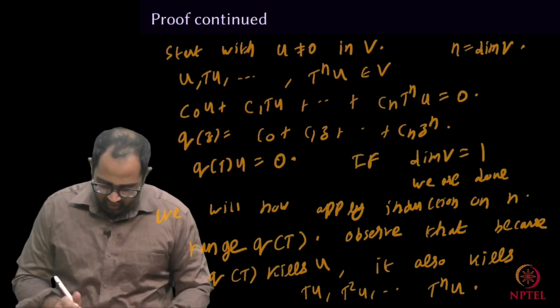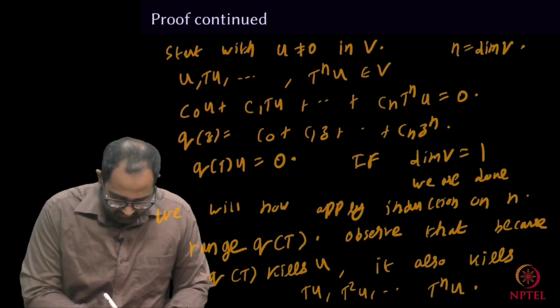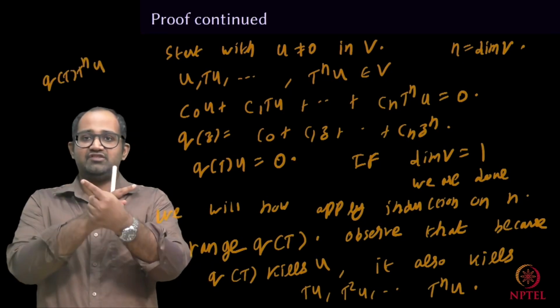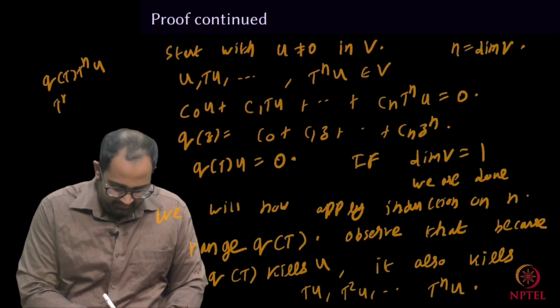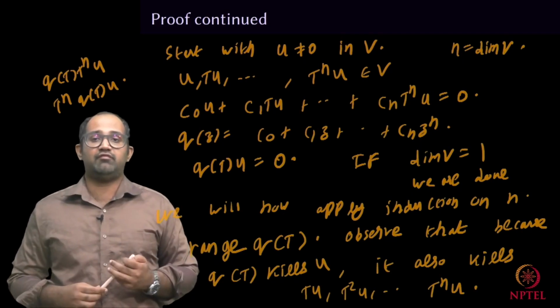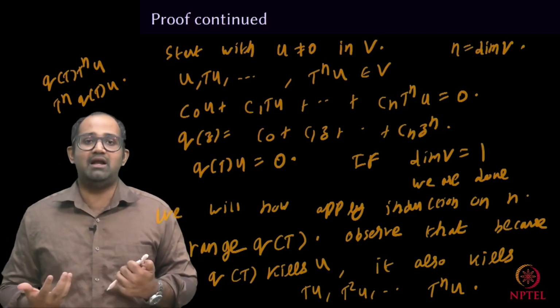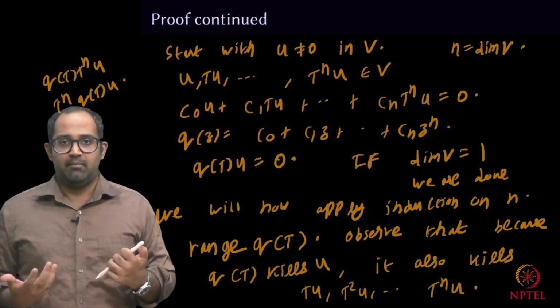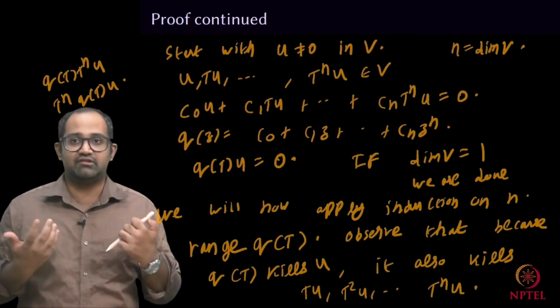It's simply because if you take q of t and do t power n u, you can switch it around. This is the same as t power n q of t u. This is simply because polynomial multiplication is commutative.